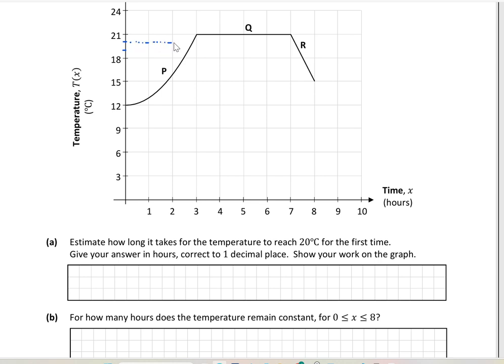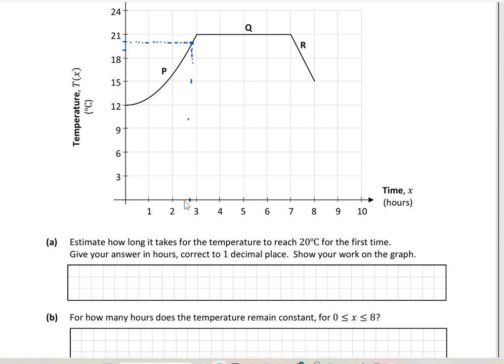So I should be drawing a line straight across there to find out how long it takes for the temperature to reach 20 for the first time. Well, that's the first time it reaches 20 there. If I bring that straight down, again, I'm not going to be able to do that perfectly, it's going to be around here.